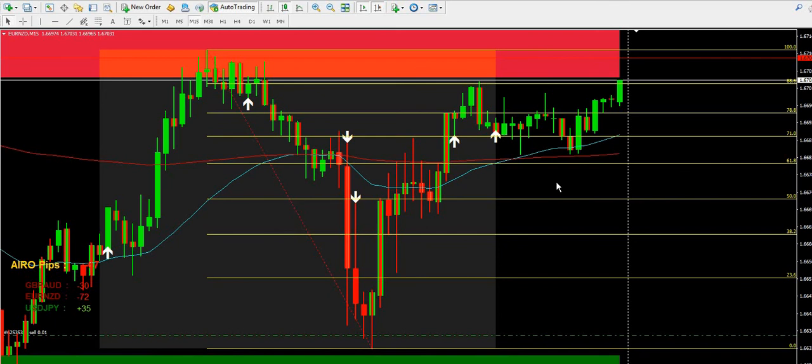And with that I'm gonna leave y'all with this. There's a Euro NZD signal that comes out, whether it be a buy or a sell. If I'm following the trend, if I have it for a sell, here's my sell. I'm getting my sell set up using a strategy of AIRO.